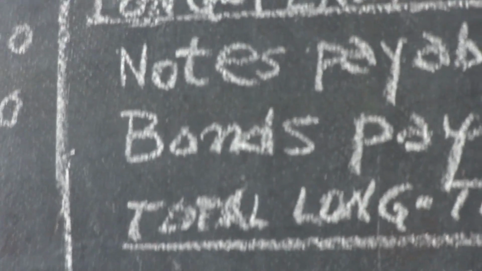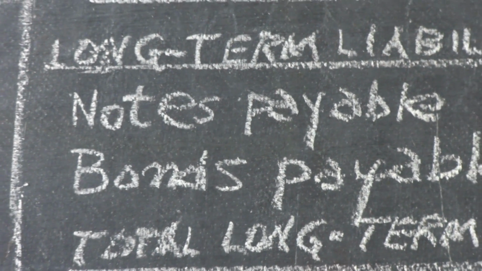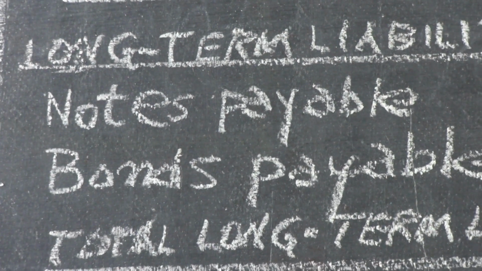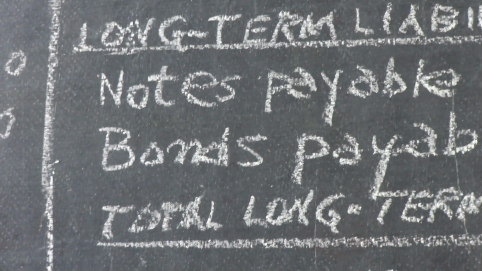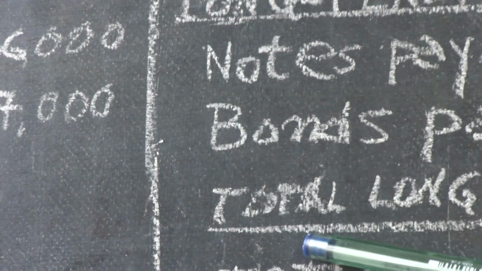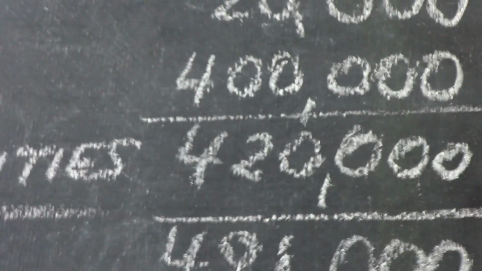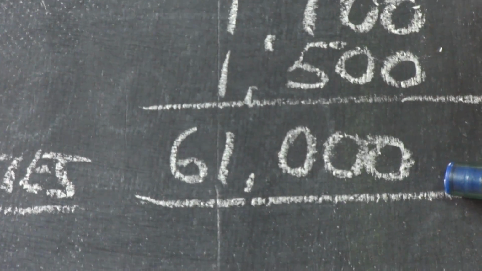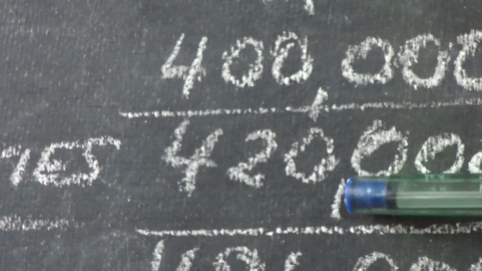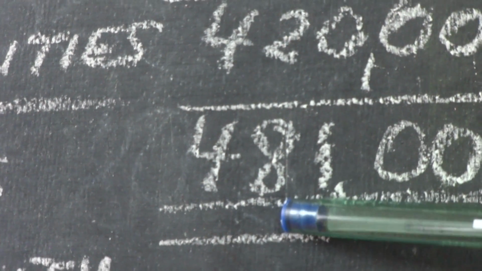Bright Corporation has issued bonds to third persons, and with the money received, it makes investments in its company to develop. Then we have total long-term liability for $420,000. The total liabilities is the sum of $61,000 plus $420,000, and it gives $481,000.